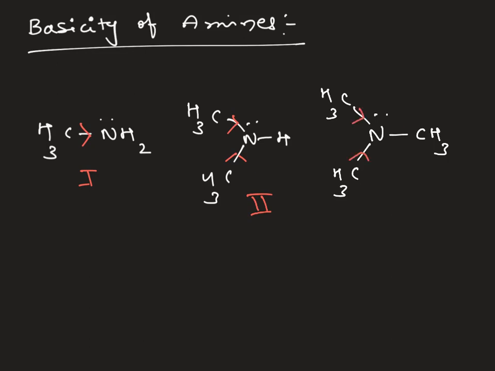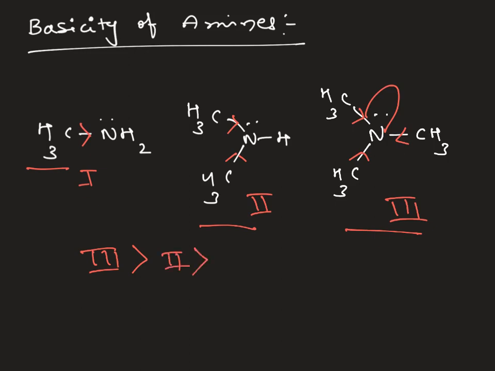In the third example 3 plus I groups are there. So as the number of plus I groups increases, basicity increases. Here only 1 alkyl group is donating, here 2 alkyl groups, and here 3 alkyl groups. So due to the donation of 3 alkyl groups, the lone pair of electrons is readily available for donation. Hence in the third case we can see the basicity will be more than the second and first. But this order we can see in the gas phase.